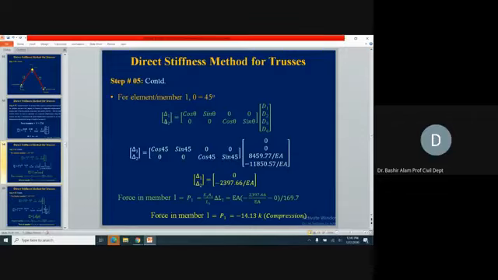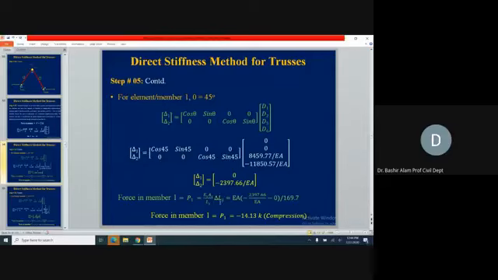These are the displacements at the near and far end. D1, D2, D5, D6 we already put those numbers. For member 1, the theta was 45 degrees, so we multiply them, and delta 1 and delta 2 we have this way. And this is how we find out the force.